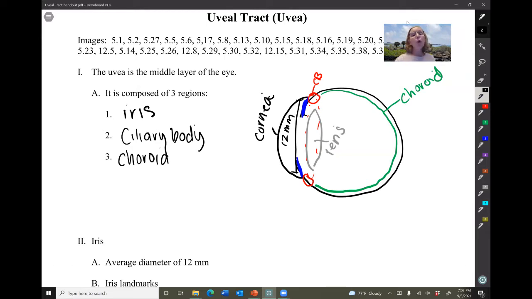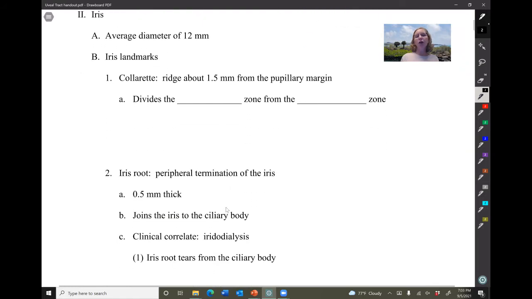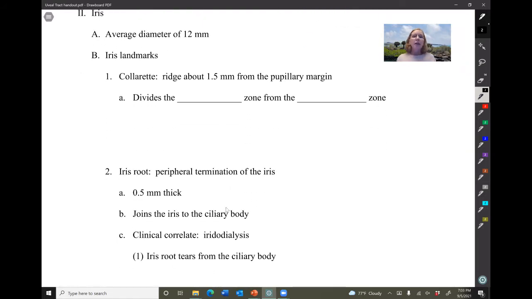There are some important landmarks that we need to know about the iris. The first one we're going to talk about is the collarette. The collarette is a ridge, and it is about 1.5 millimeters from the pupillary margin.